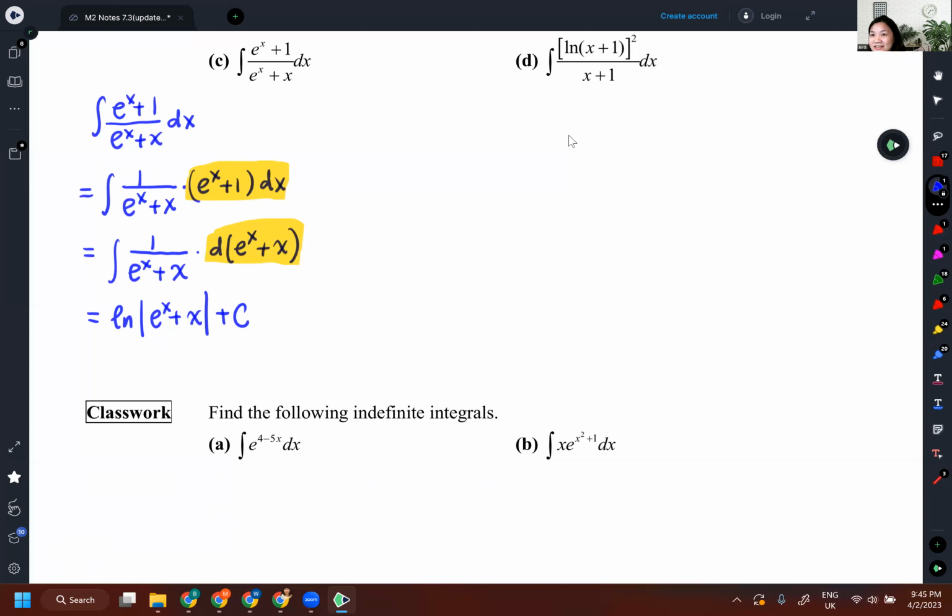Now this one, I do not want to discuss whether or not this is definitely positive or negative. Just leave it that way. Now some people would argue that, oh, this value is definitely positive. I don't think so though.